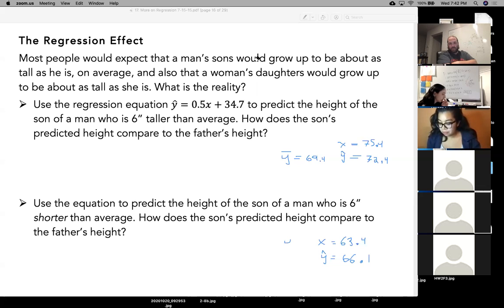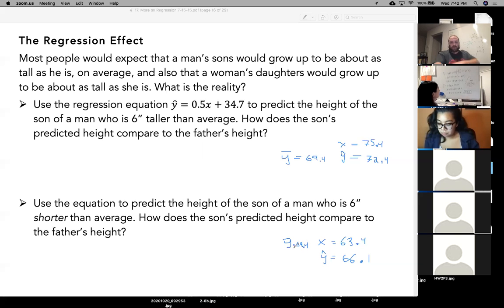What do you notice in both cases about the predicted value and the x value? I noticed something, which may or may not be what I'm looking for.